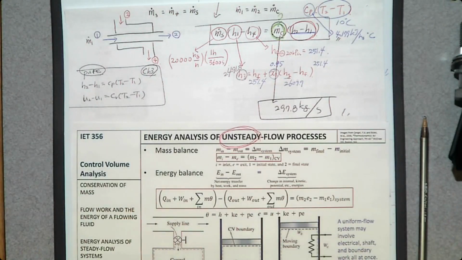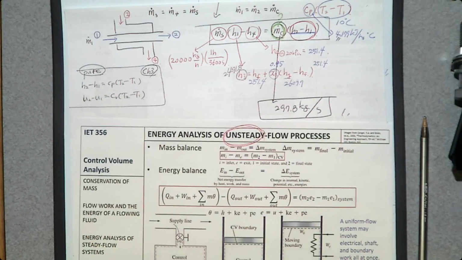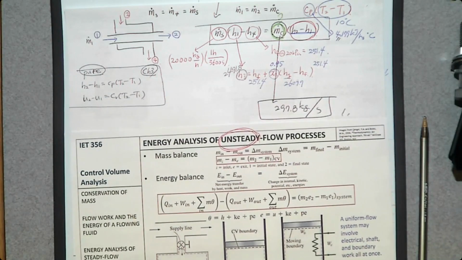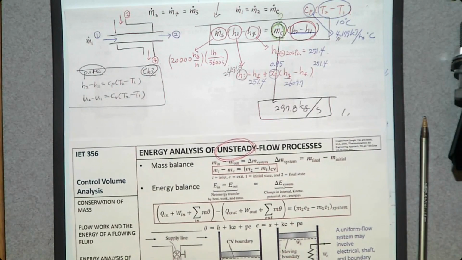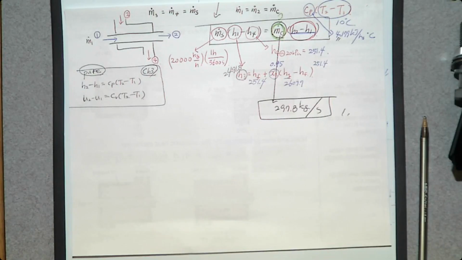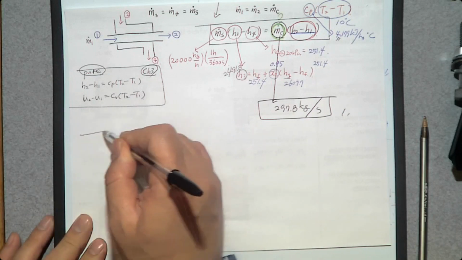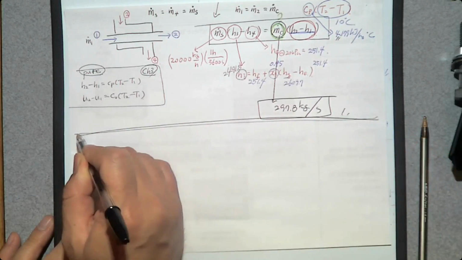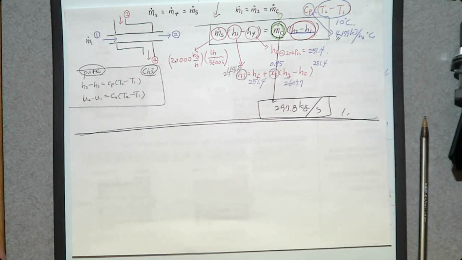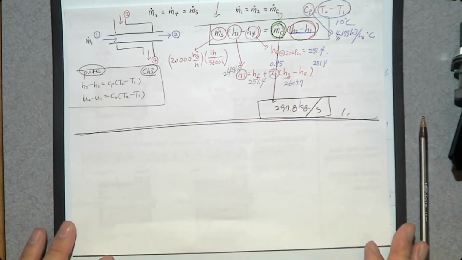So let's talk about energy balance equation for unsteady open systems. So how can we come up with its energy balance equation? It's not that hard. We can do that together here.